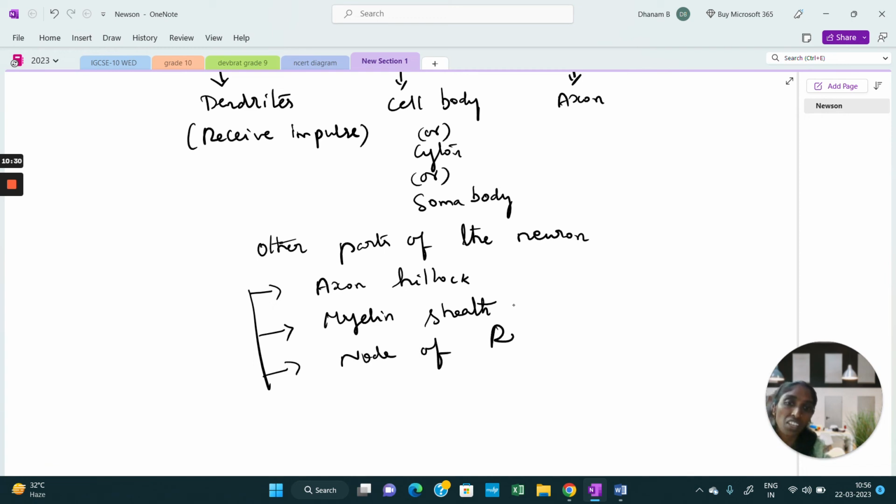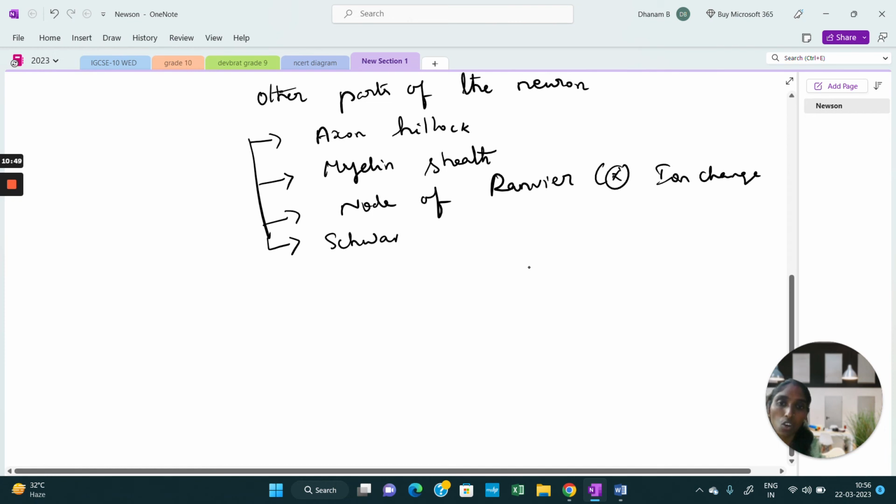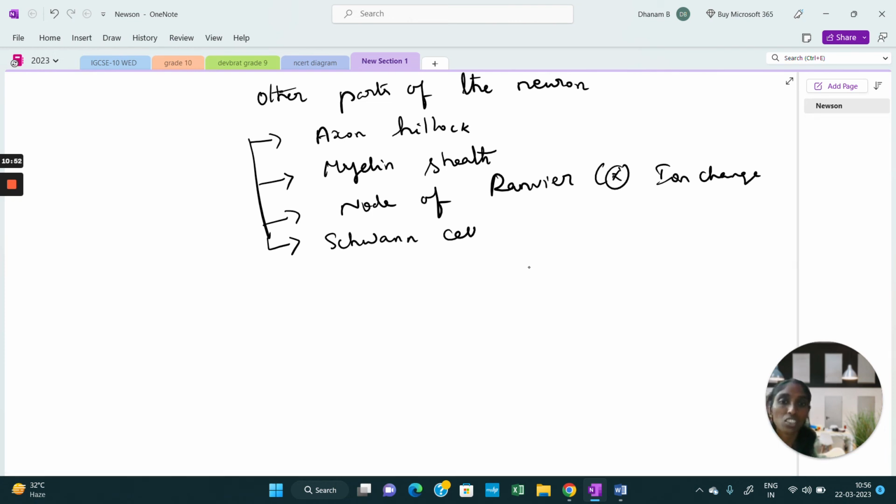Node of Ranvier is a very important region because external ion exchange takes place with the axoplasm. It takes place only at the node of Ranvier. Ions exchange. And in the myelin sheath, Schwann cells are very important because the Schwann cells are involved in the formation of the myelin sheath.